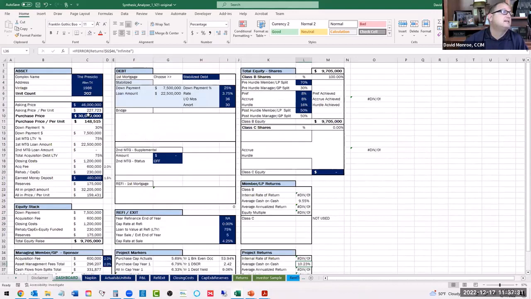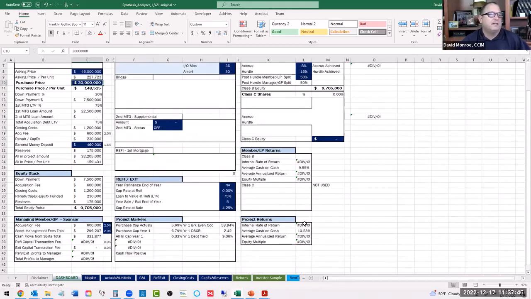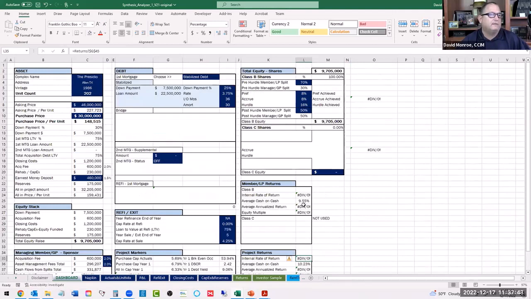But you can see that in this model, because you don't have NPV, you'd have to manually adjust it in order to determine what your asking price is going to be, or what your no more than purchase price is going to be based on the internal rate of return target you're trying to get. In this case, we can't see it because the model's broken. The other thing, and I just saw it and just wanted to mention it. Now I can't remember what it was.